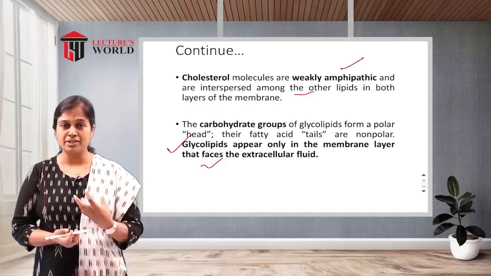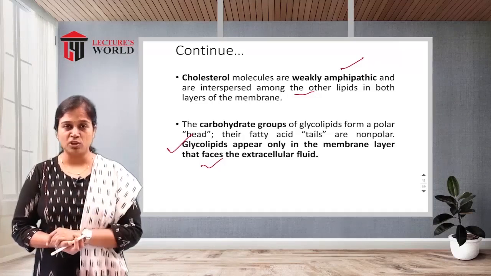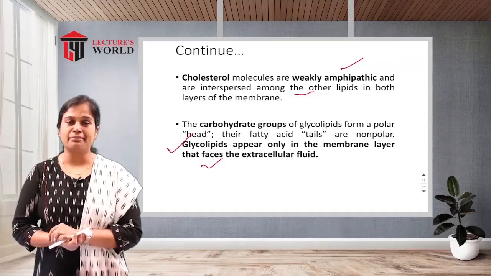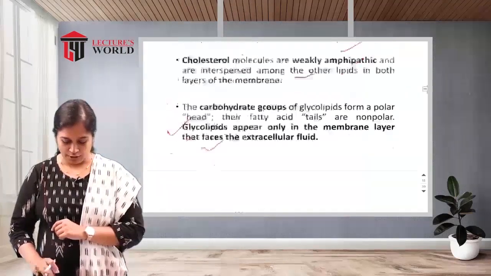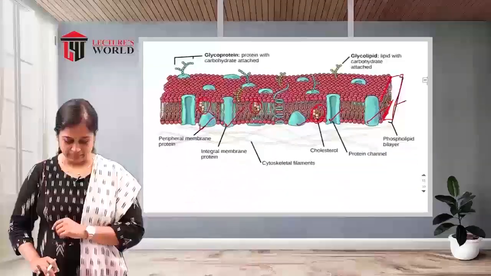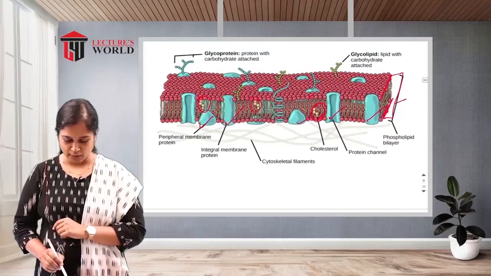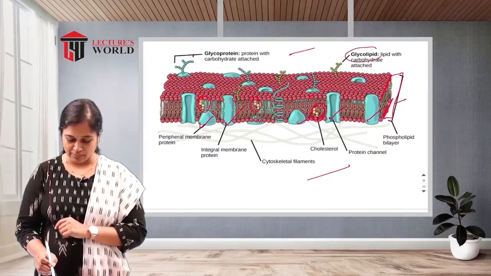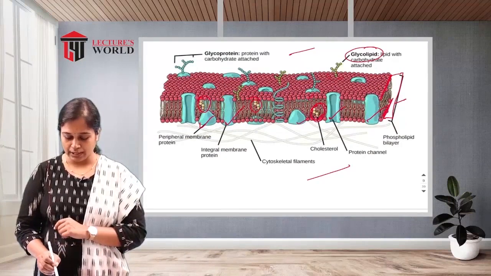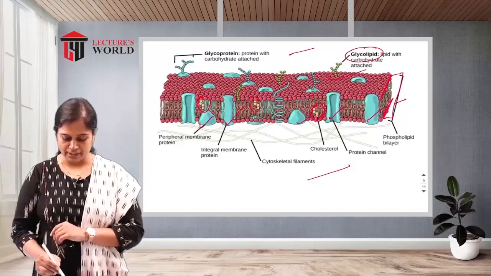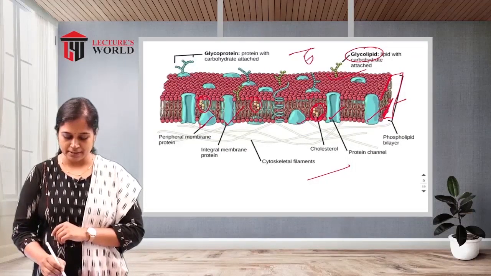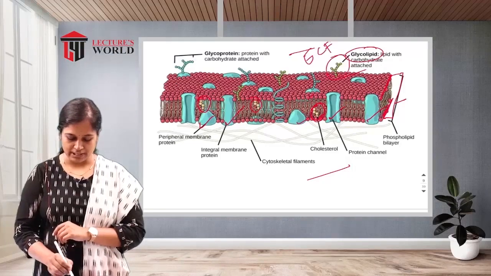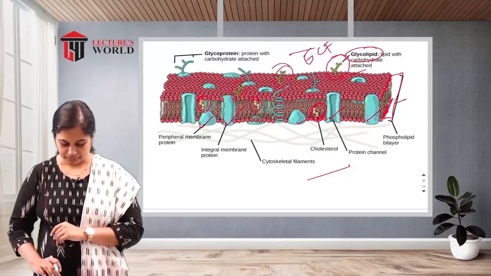So in which membrane layer are these glycolipids present? The one which faces the extracellular fluid. You can see in this image, this is the intracellular fluid and there is the extracellular fluid. So these glycolipids are present only on that layer which faces the extracellular fluid. You can see these are the glycolipids.